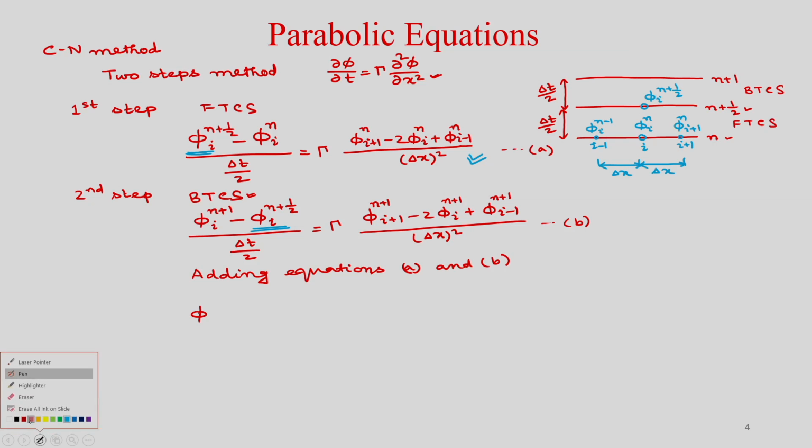So, you will get phi I n plus 1 minus phi I n divided by del t by 2 is equal to gamma.